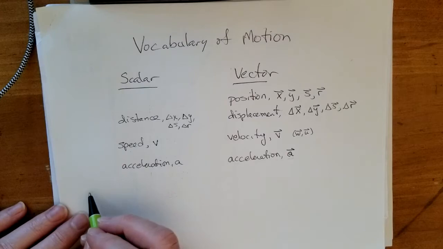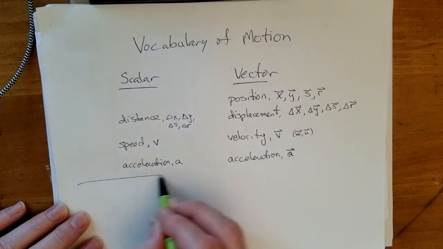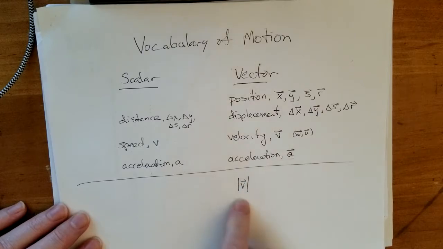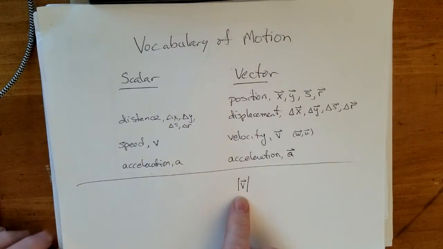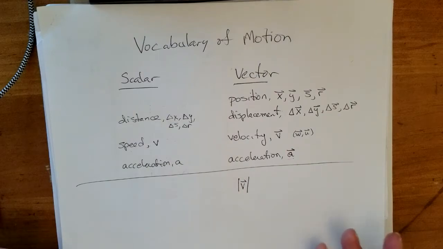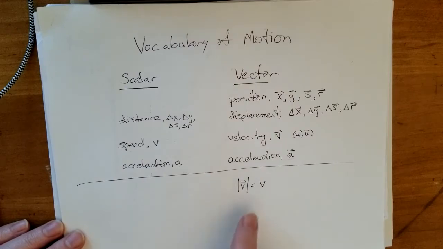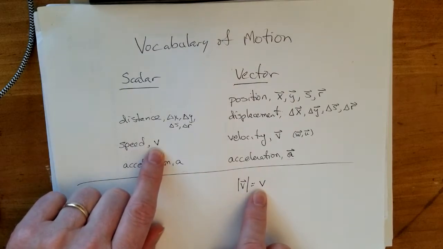Adding to the confusion here, if I want to know the magnitude of my velocity, that's the symbol for it, and that's just saying, all right, you're going 50 miles per hour north at a particular moment, then the magnitude is just the 50 miles per hour. Sometimes it is written as just a v without the vector symbol, which makes it confusing because now it is looking like speed.